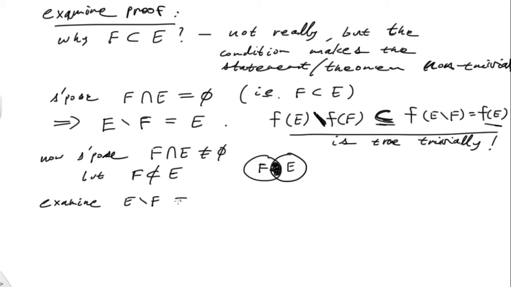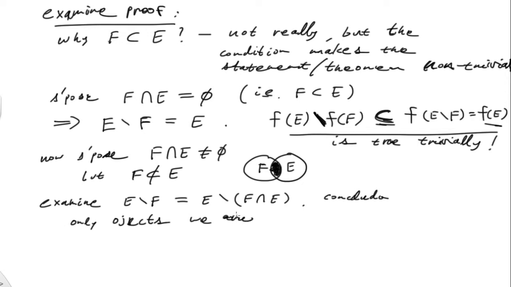You're not taking them away from E, so that's going to be equal to E not F intersect E. So again, to conclude, the only objects we are, sorry for the handwriting there, taking away are objects in E to begin with.